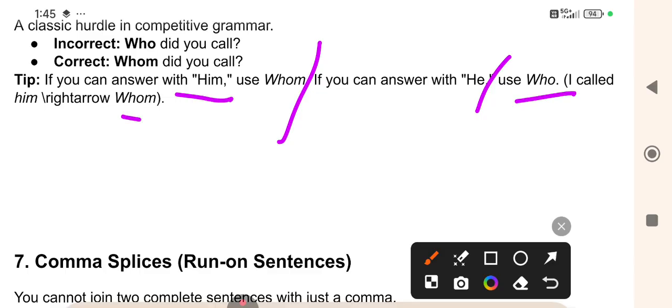"He did you call" doesn't work, so it is whom did you call. That's the object, right? I called him.